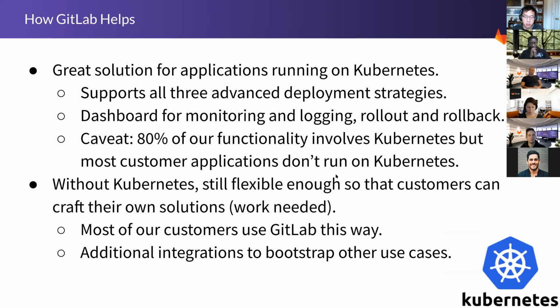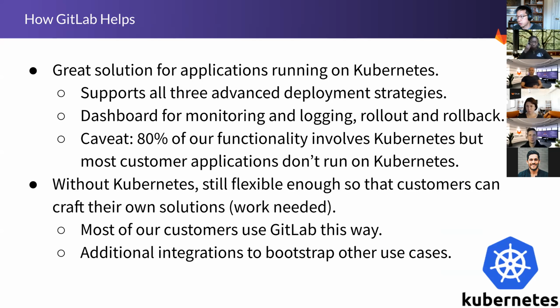So ultimately what we're talking about is great. All that stuff is cool. What do we do from a GitLab perspective? So what we do is we are a great deployment solution if you are deploying to Kubernetes. So whether or not your Kubernetes is on-prem or in the public cloud, we are great for it.